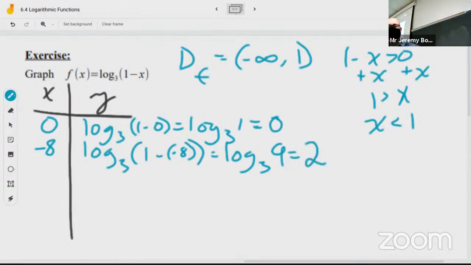So at the point -8, comma 2. All right. What else could we use? That's pretty large, right?